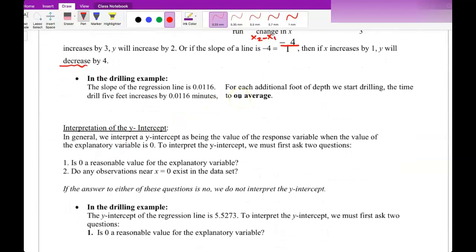For each additional foot of depth we start drilling, the time to drill 5 feet increases by the slope, that is 0.0116 over 1. So it increases by 0.0116 minutes on average.